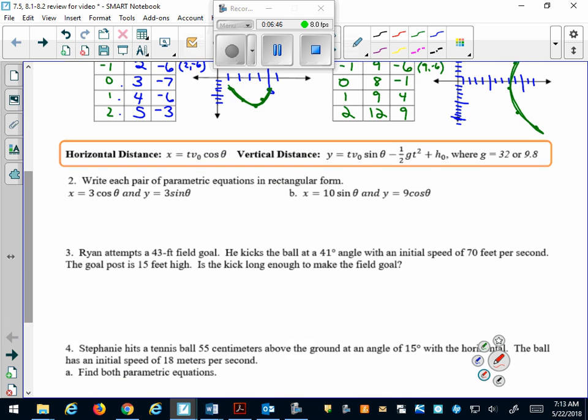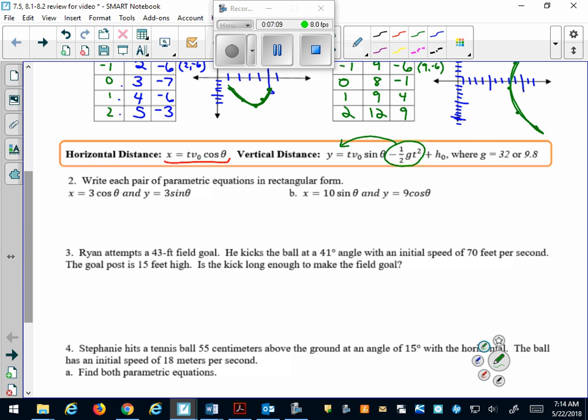Okay, now some word problems with parametrics. These are the equations we're going to be plugging into for horizontal distance, vertical distance. And don't forget, in this equation, they write it this way, but when we put it into standard form, this term is going to end up first, because that's our t squared term.